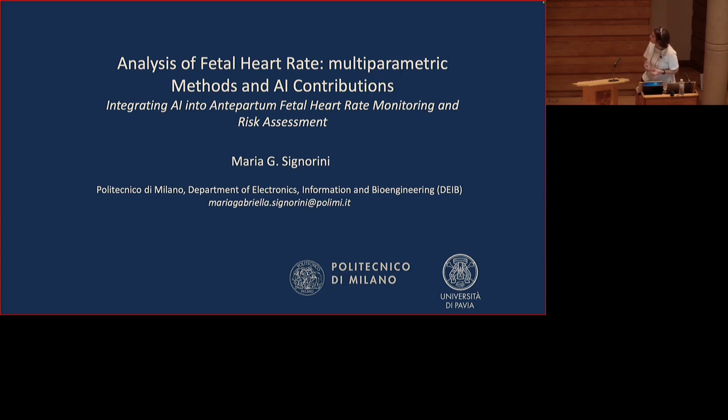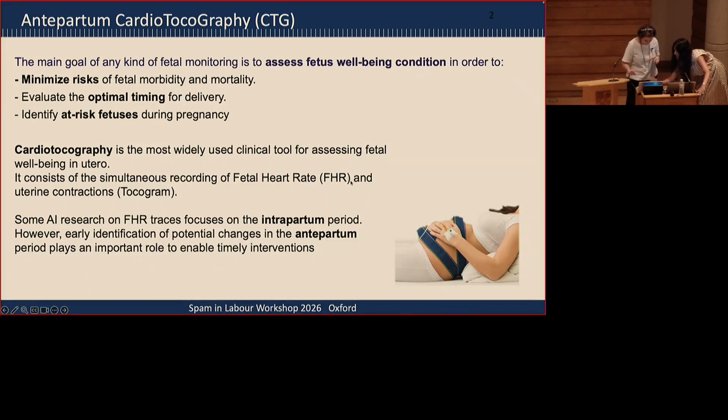The integration we did in these years is with artificial intelligence methods. Not only did we start from the extraction of parameters and features from CTG.